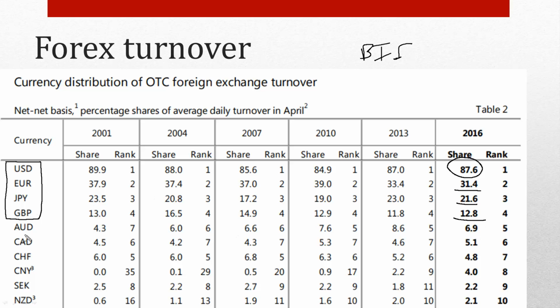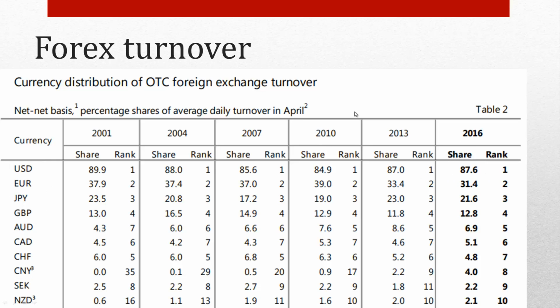And then you have the Aussie dollar, Canadian dollar, Swiss franc, Chinese yuan, Swedish krona, and then the New Zealand dollar. These are the top 10 currencies that have the largest share of the average daily turnover in the Forex market. But you can see that mainly it's just USD, Euro, Yen, and Pound.